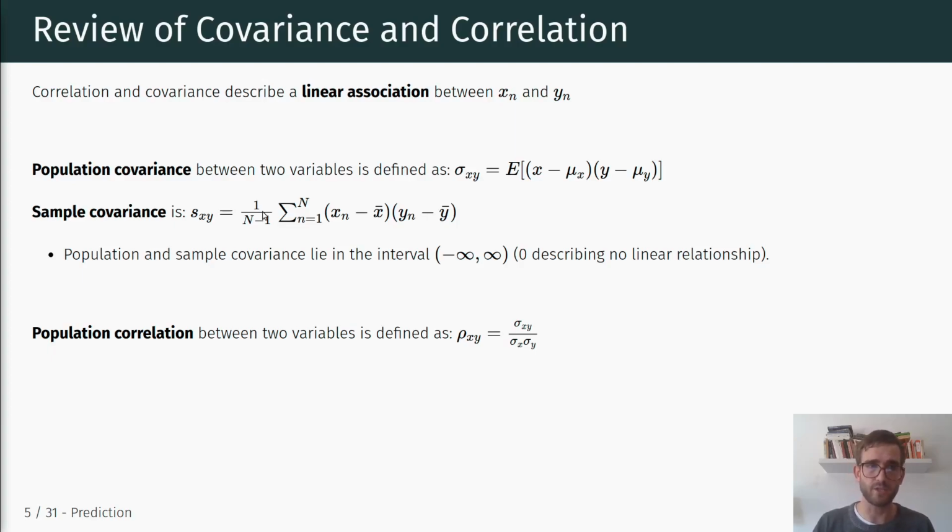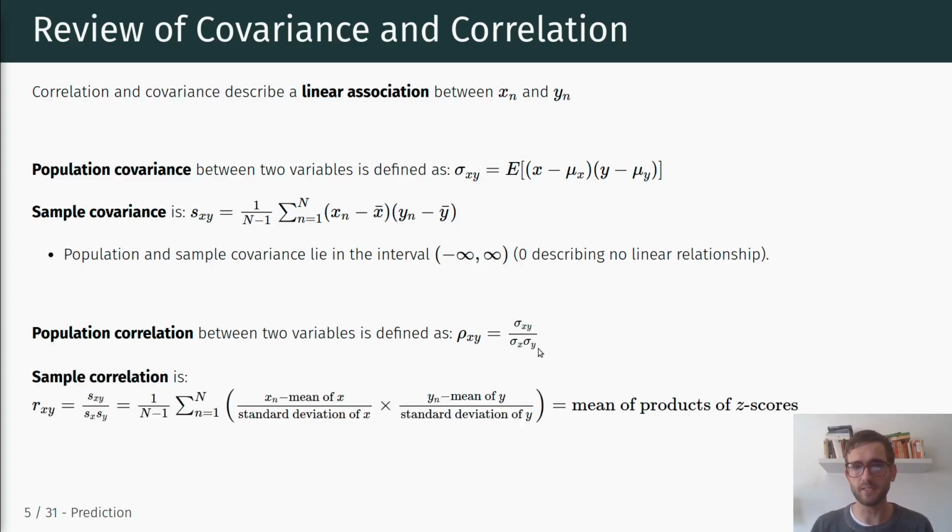And so that's why usually when we're examining bivariate relationships, or linear relationships between two variables, we're focusing on the correlation. So the population correlation between two variables can be defined as, and this is now rho xy, basically the population covariance divided by the product of the standard deviations of x and y. So in other words, it's scaling the population covariance by the variation of the individual variables, right?